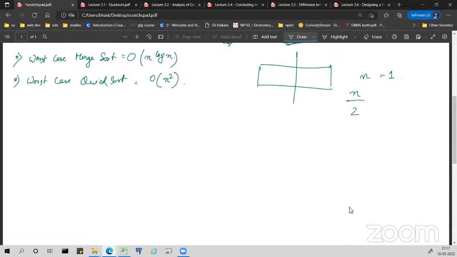Could you please check graded assignment 2, question 3? Here it says, in every case, best, average, worst, time complexity of merge sort is n log n.